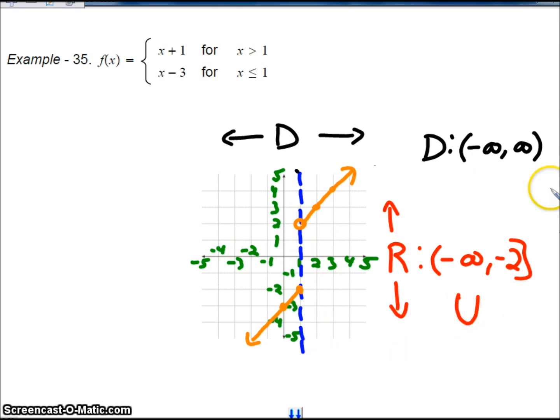So we need to do a union and start a new interval starting at positive 2, but not including the 2. So we use a parenthesis here because y equals 2 is not included here. But that's where we're going to start from. And then from there it goes up forever. So we're starting at negative infinity. It goes up to y equals negative 2. We pause there, we have a gap, and then we pick back up again at positive 2, and then from there we go up to infinity. So this is what the range is.